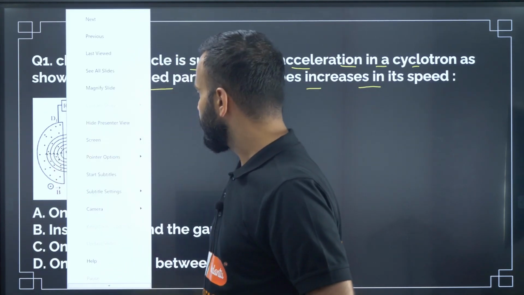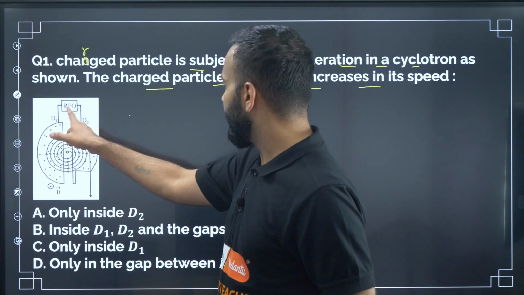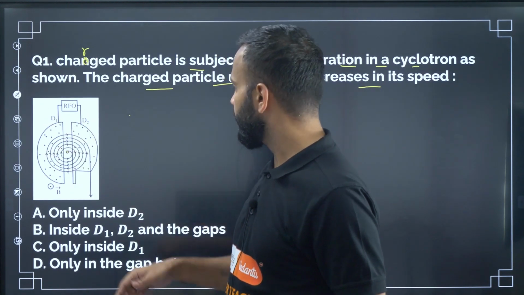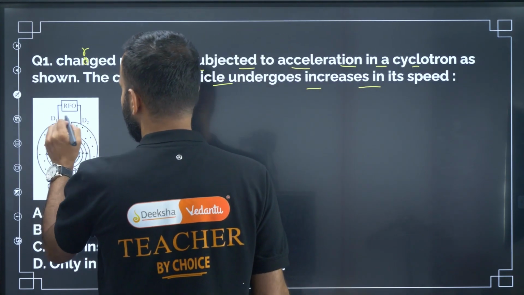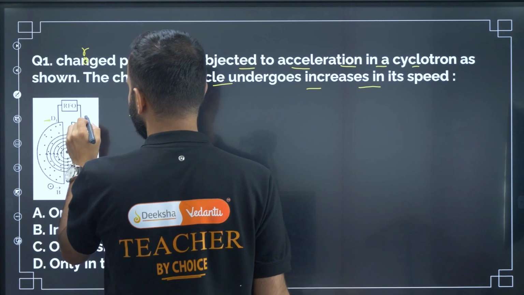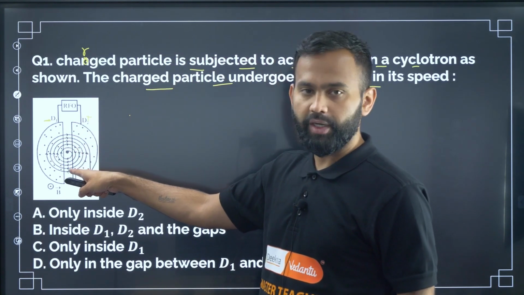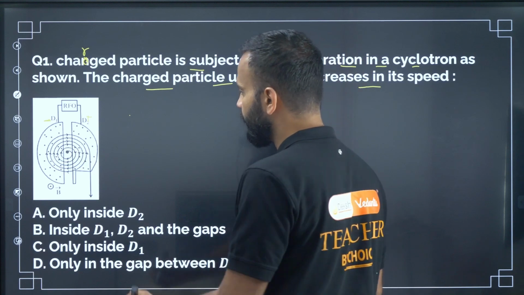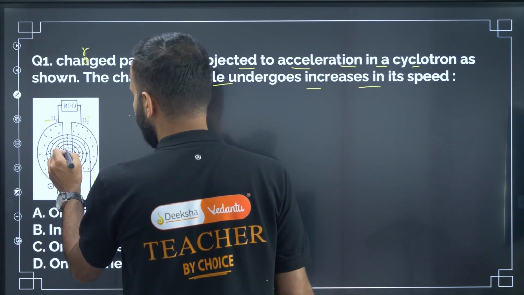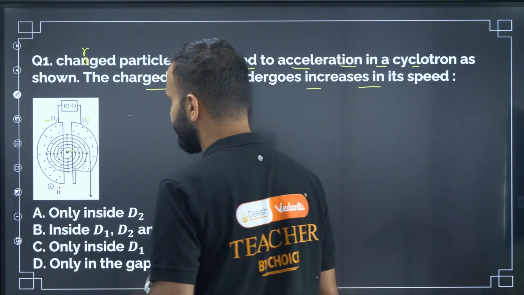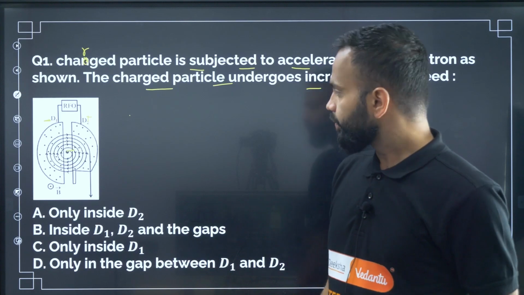At this point, what happens? Due to the electric field, in the first half, with the negative and positive signs, the charged particle accelerates and enters D2.